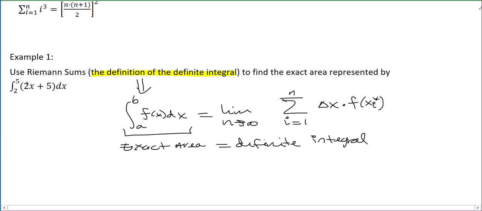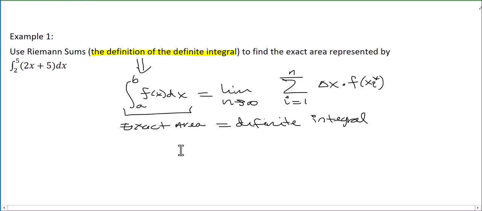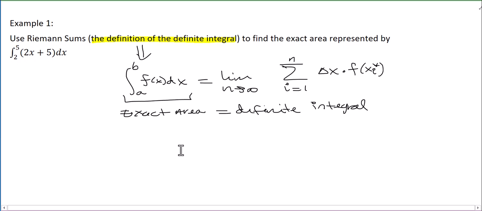So here we want to be able to write the Riemann sum for this integral and evaluate it, because that represents the exact area under the curve. So we need to figure out, okay, what is our delta x going to be? I know delta x is the length of the interval, so b minus a divided by the number of rectangles we're using, which is n.